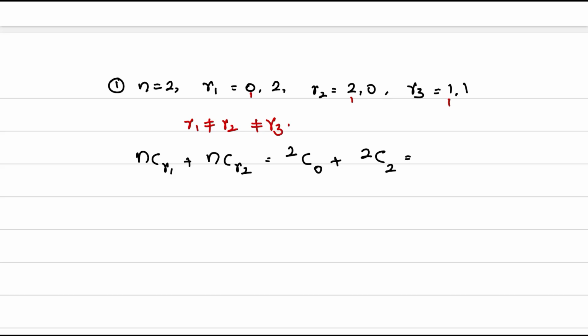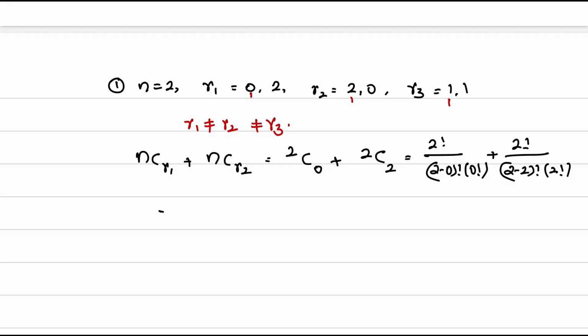That is equal to factorial 2 by factorial 2 minus 0 into factorial 0, plus factorial 2 by factorial 2 minus 2 into factorial 2.